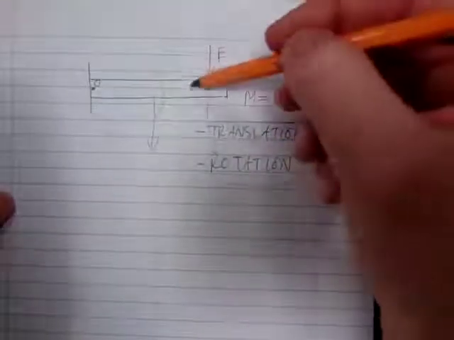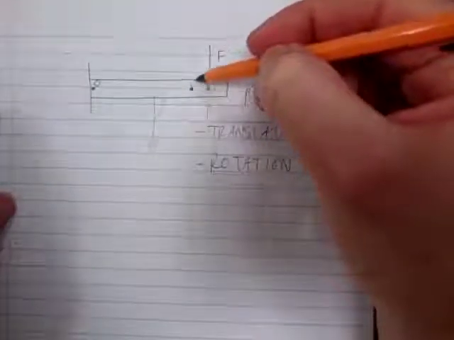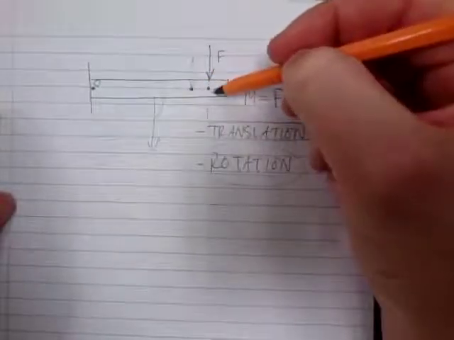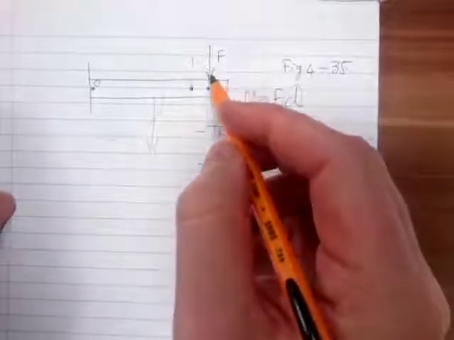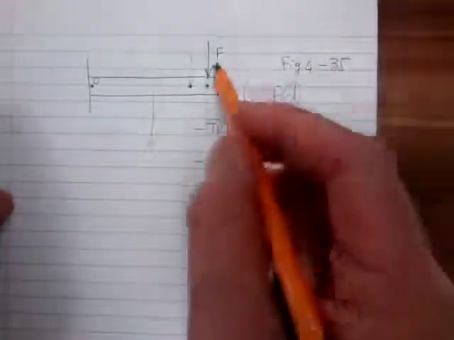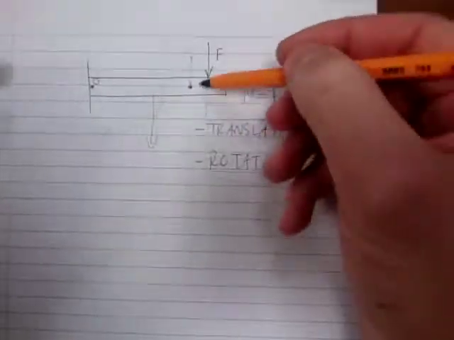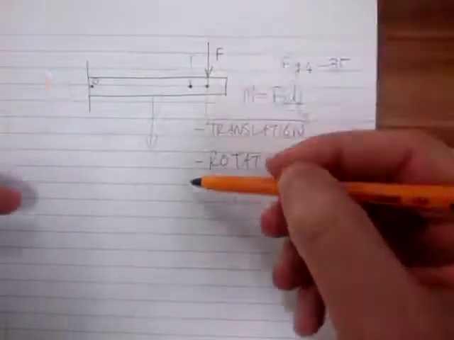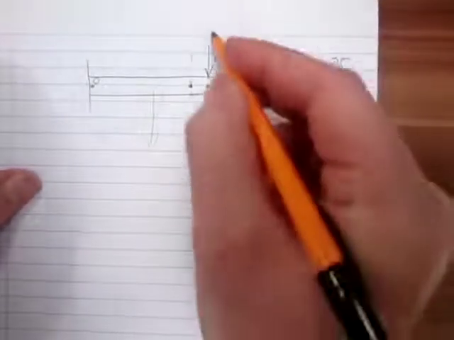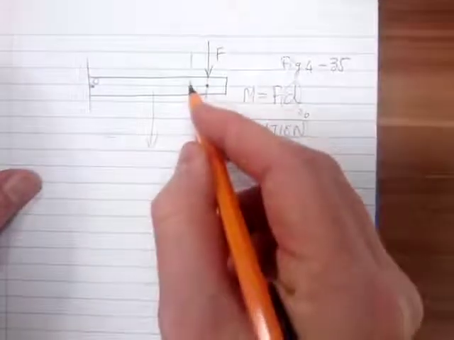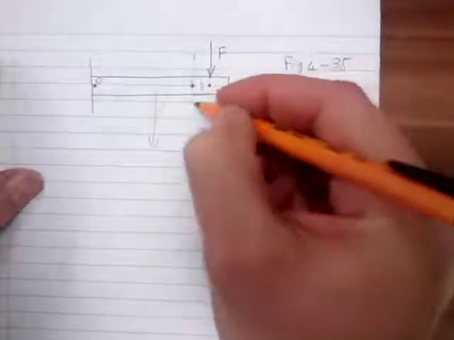But what is actually happening is you have that same force, and at that point you have the tendency for it to push it down, but because there's now a moment arm between the application of the force and the point, you're also going to have a moment there. You're going to have a rotation there.